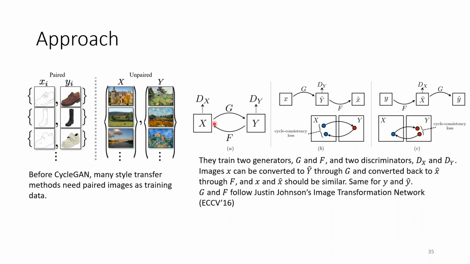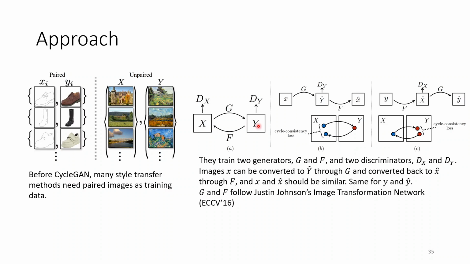Alright, so their innovation is that they train a pair of generators, G and F, and a pair of two individual discriminators, Dx and Dy, for two different domains.